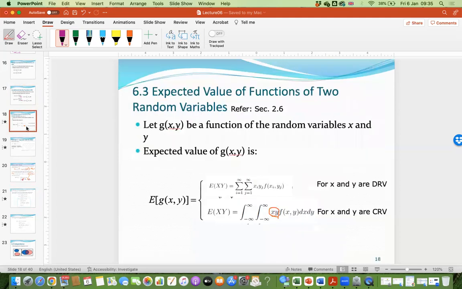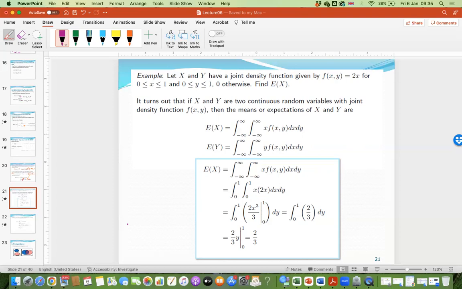If you want to find the joint E[XY], you need to times xy. What if I just want to find the expected value of x from the joint density function? You still can find it, but you just need to times x in front.